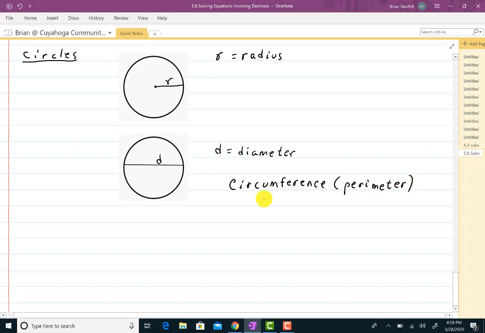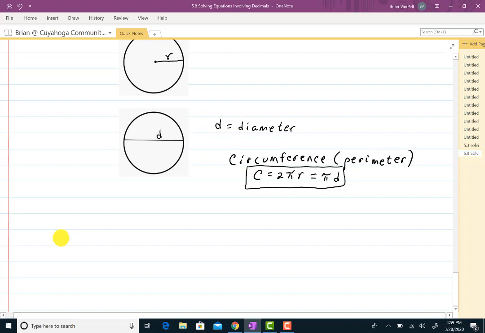The circumference is given by C equals 2 pi times r, or the same thing is pi times the diameter. So 2 pi times the radius is the same as pi times the diameter. It just depends on the problem that you're given.